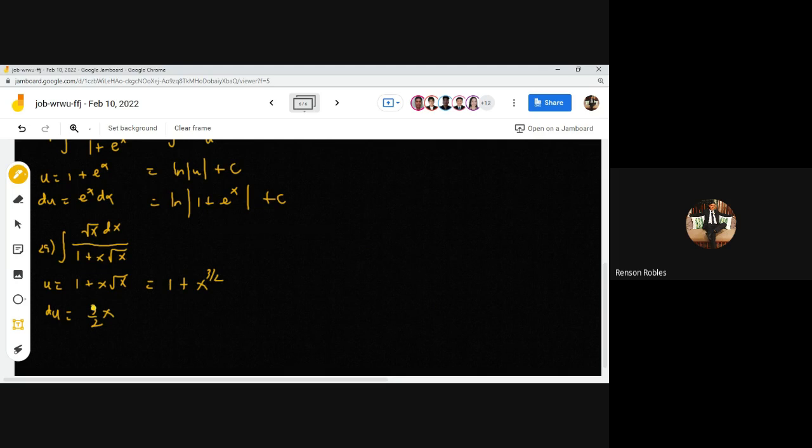du is 3 halves x, 3 halves minus 1 is 1 half, dx. So this is the square root of x. You can write this as 3 halves square root of x dx. The only challenge for you is to find the coefficient, because this leads to an ln function. You notice that 3 halves minus 1 is 1 half, and you see it as the power of x here.